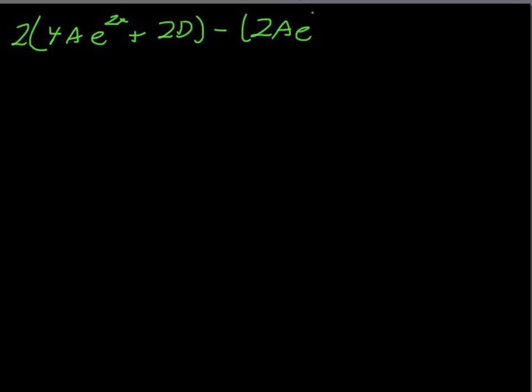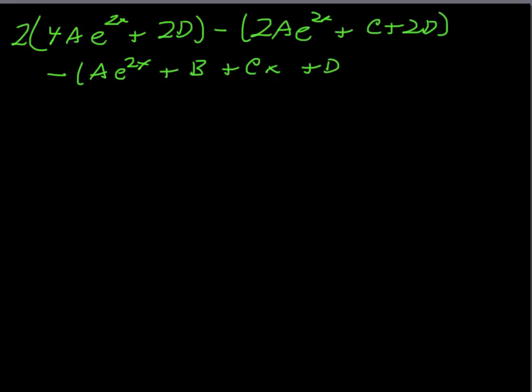Okay, so we have 2y double prime. So 2y double prime is going to be 2 times 4a e to the 2x plus 2d, minus y prime, which was 2a e to the 2x plus c plus 2d, minus the original, which was a e to the 2x plus b plus cx plus dx squared.